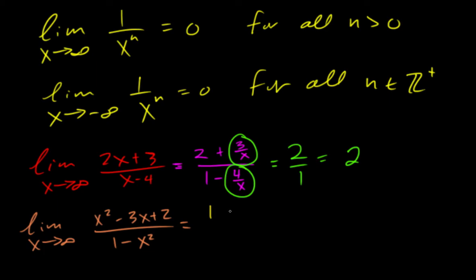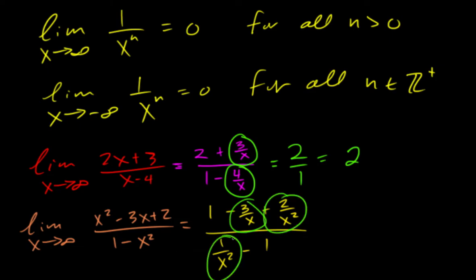If we divide this by x squared, we get negative 3 over x, and this will be 2 over x squared. And then 1 over x squared minus 1, if we divide each of those by x squared. Now we know this, this, and this will all go to 0. And so we're going to be left with 1 over negative 1, so the limit is negative 1.